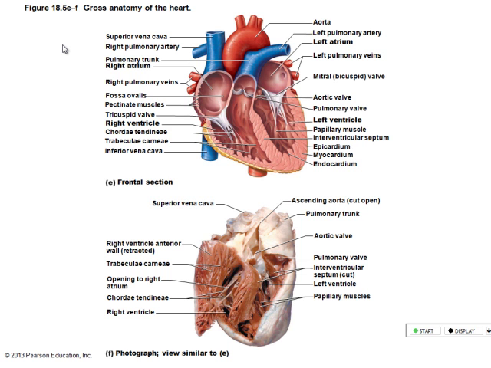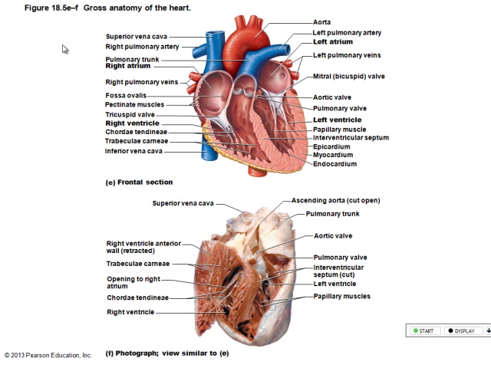So the anterior is here and the posterior is here. And where do we make a cut? Frontal, yes? And we open it up and we look inside. In lab, you better make your frontal cuts so you can see this. Is it going to look like this exactly? No, it's going to look much different.